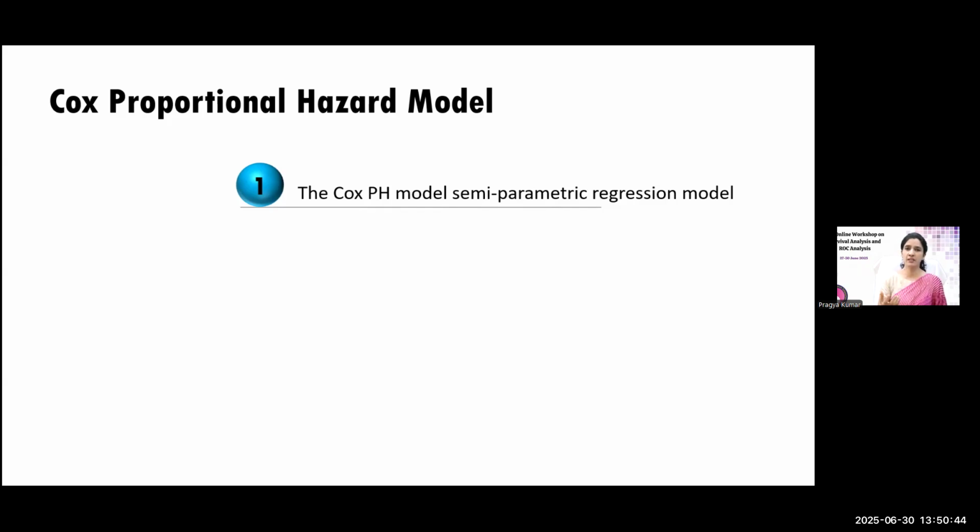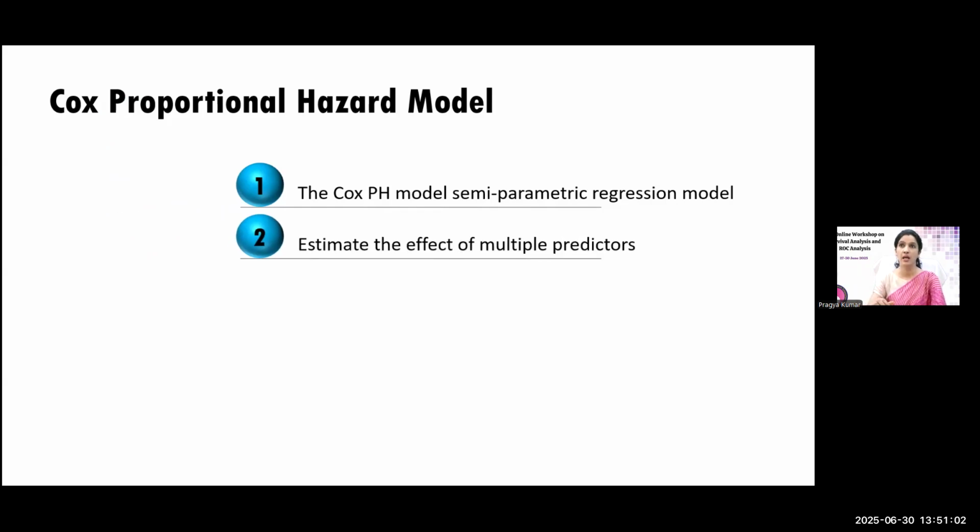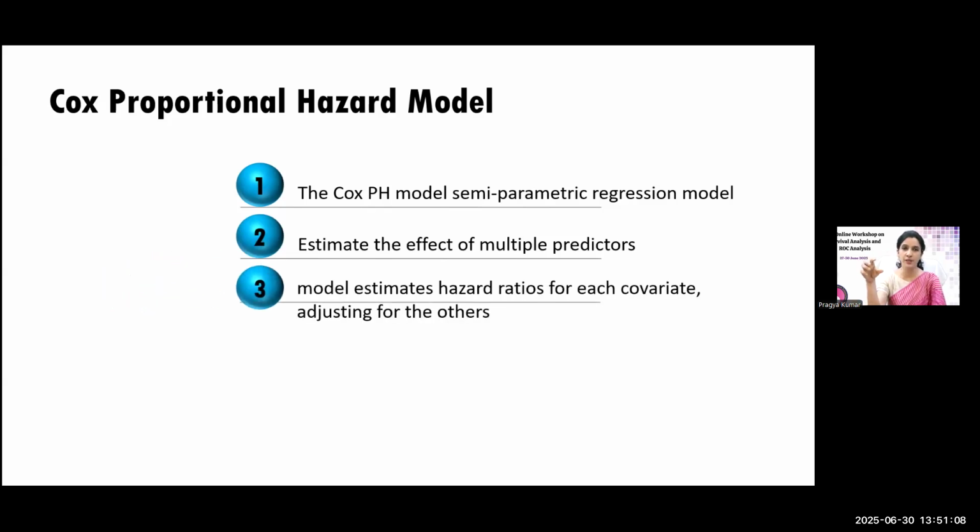Even in survival analysis, you will see very few papers documenting the parametric model. Generally, they use the Cox proportional hazard model, and we'll discuss why this is so popular. It estimates the effect of multiple predictors, because if there are many covariates, both categorical and continuous, you can control for all of them in a Cox proportional hazard model.